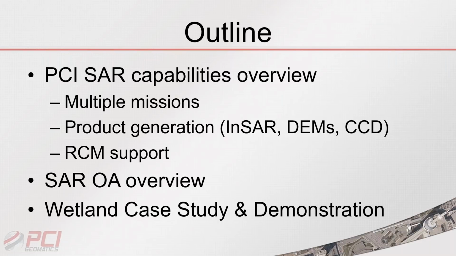Then we'll get into more details about radar-based object analysis. We're nicknaming it OBSAR, object-based synthetic aperture radar analysis. After that, I'll pass over to Jason, and he'll give you a detailed demonstration on the new tool and how it can be used to process radar imagery.